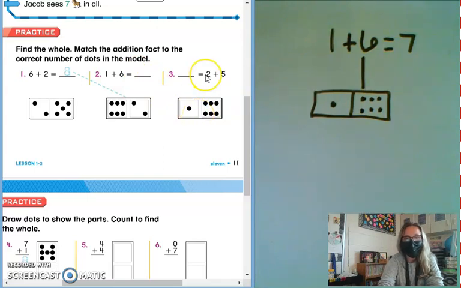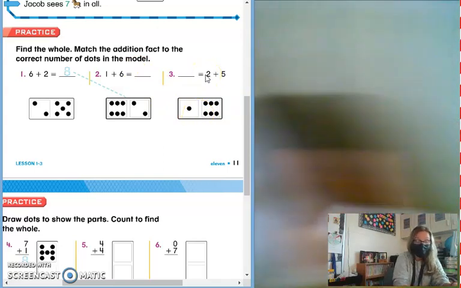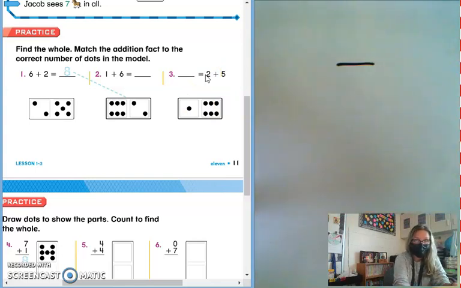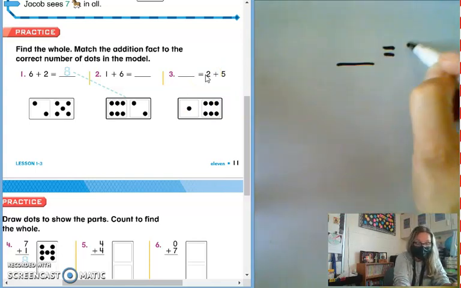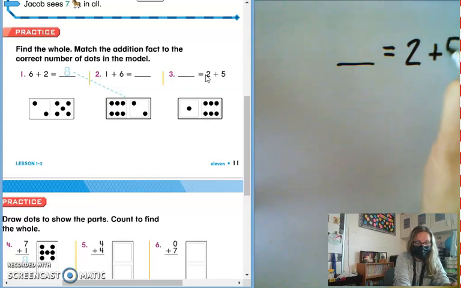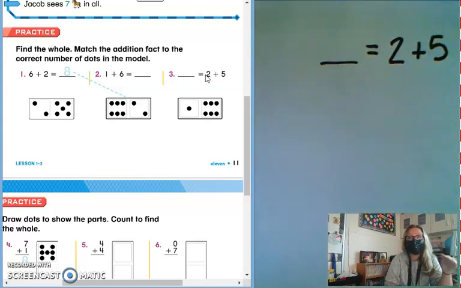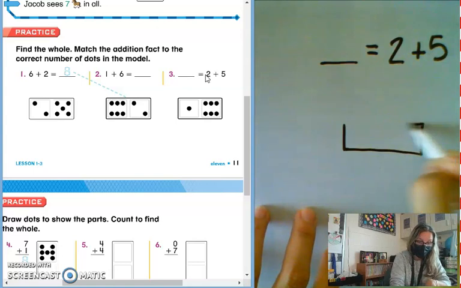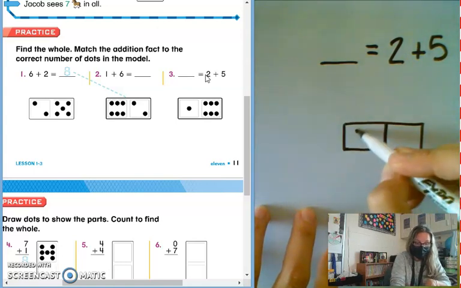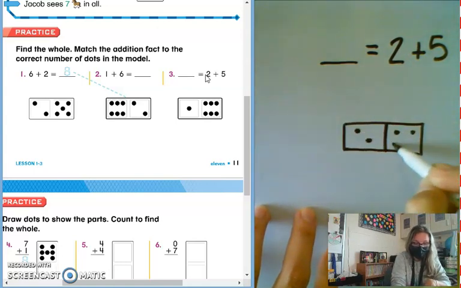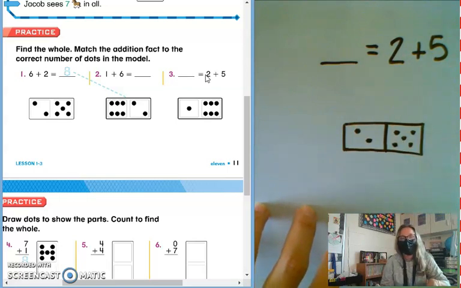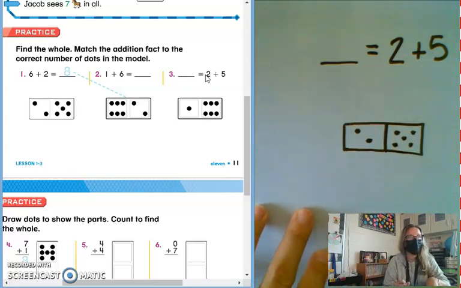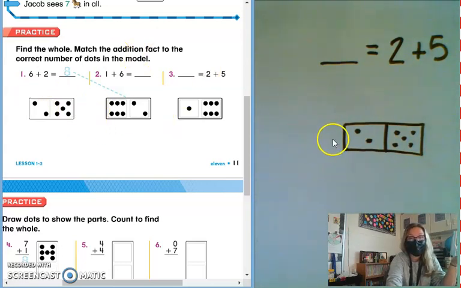All right, let's try the next one now. It says some number, we don't know the whole, but some number equals 2 plus 5. So our parts are 2 and 5. So if I were to draw that out, one part will have 2, and the other part will have 5. How many is that all together? First of all, do I see a domino that matches this one? I sure do right there, right? So we can draw a line from number 3 to that first domino.